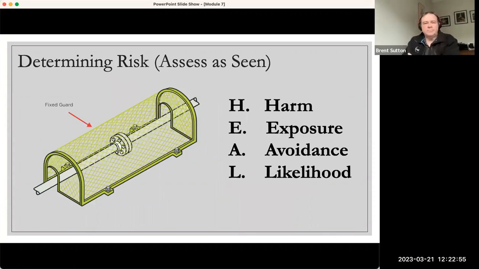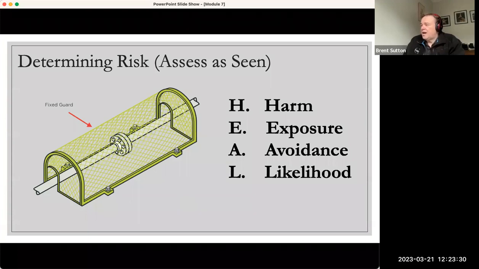Right, so here we go. I'm going to do a little bit of an example. So when you assess risk on a machine, you need to assess it as seen. So what we have here is a rotating shaft on the machine covered by a fixed guard. The hazard of the rotating shaft is a worker becoming entangled. So you can see the couplings of that shaft, that creates an entanglement risk.